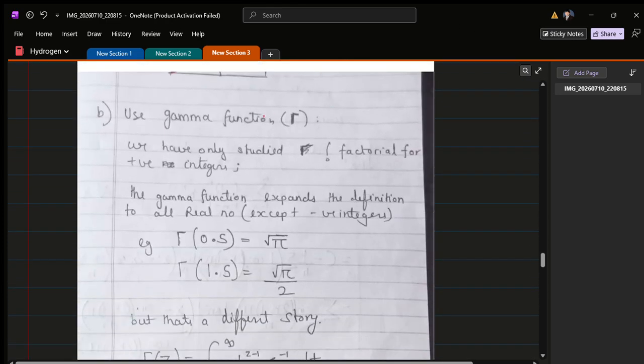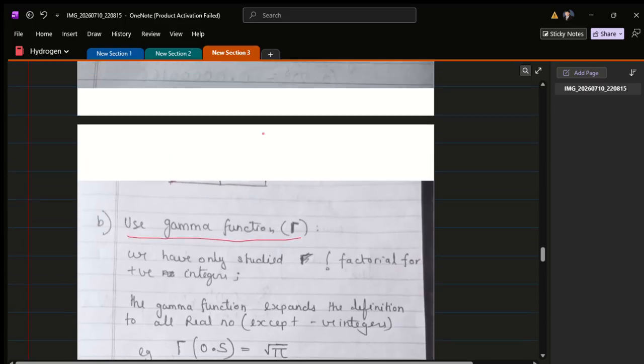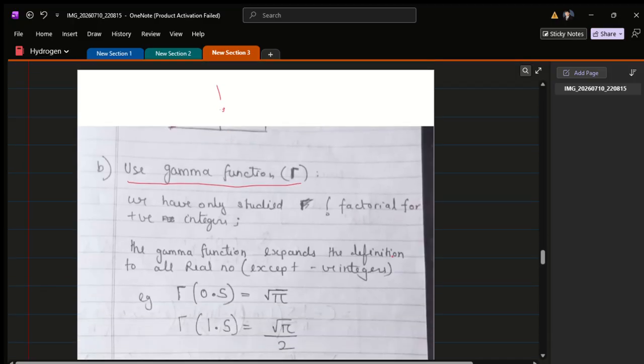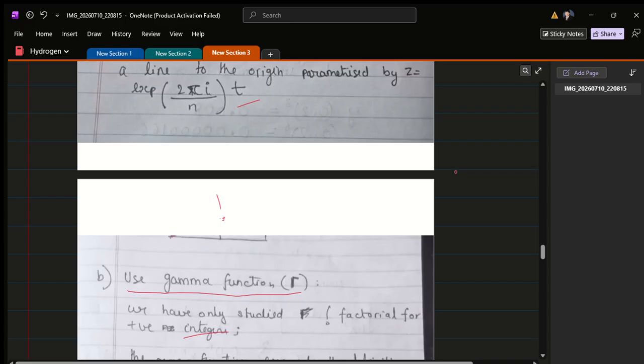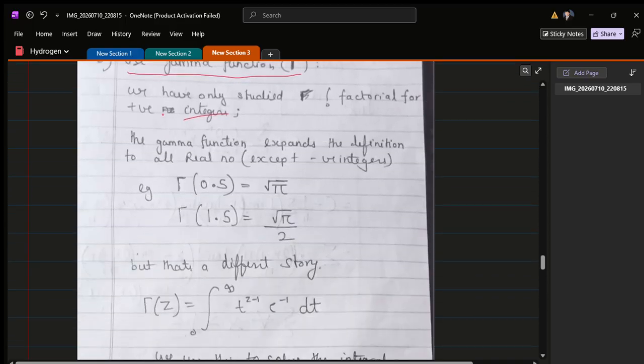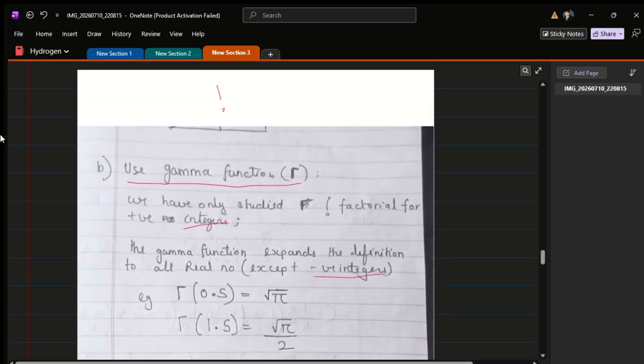Then we have the gamma function. The gamma function, what it does is basically we have studied factorials, right? We have studied factorials, but we have only studied factorials for positive integers. We have only studied for 0, 1, 2, 3, 4, 5, 6. But factorials exist for all real numbers except negative integers. Minus 1, minus 2 don't exist.